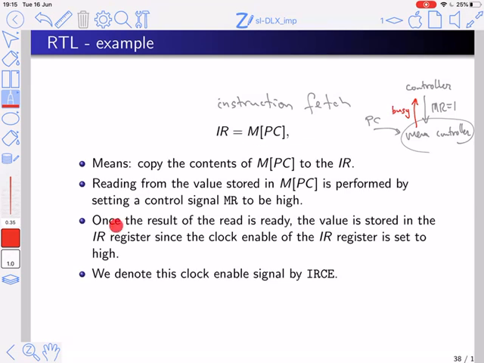Once the result of the read is ready, we know that the IR register is supposed to store it. So now we send from the memory control the current instruction that has been fetched. Let's rewrite it.